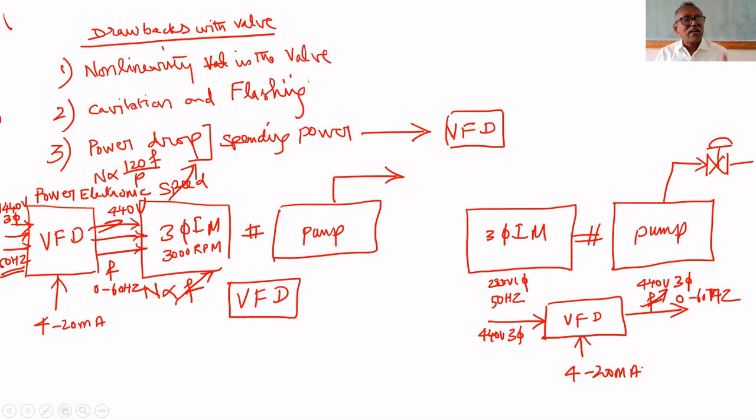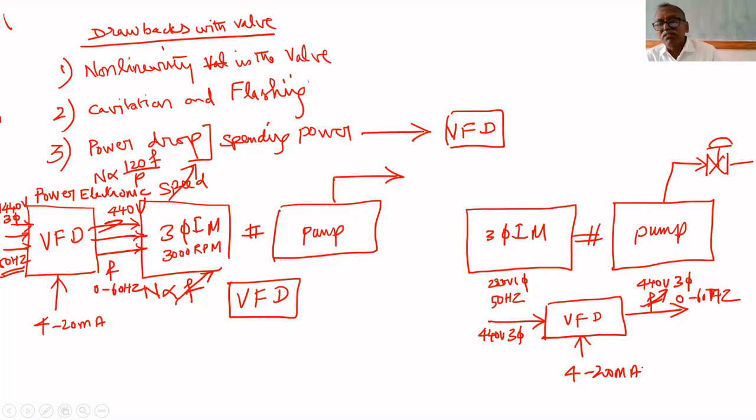In the lab, we are having a flow process also. In the flow process, we are not having any valve. Instead, we are having a VFD. The input power to the VFD in the lab is 220 volt single phase 50 hertz. The output is 440 volt 3-phase variable frequency.